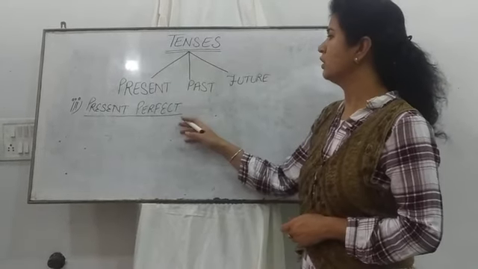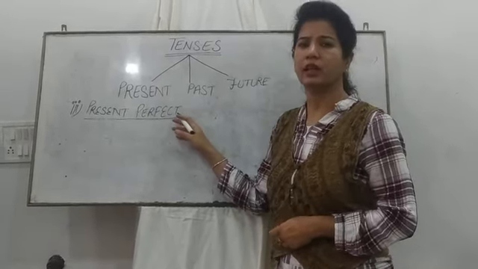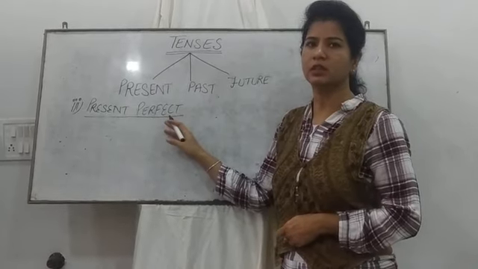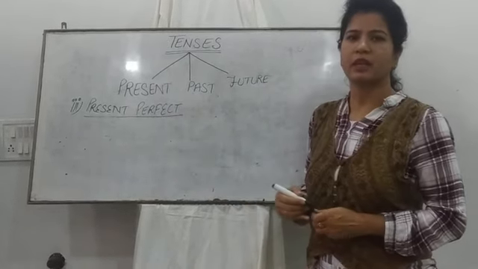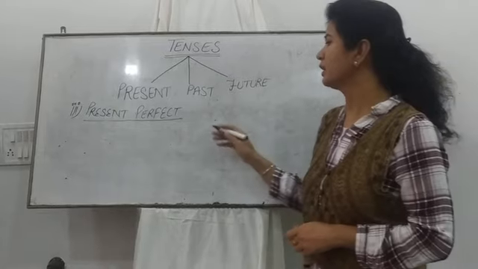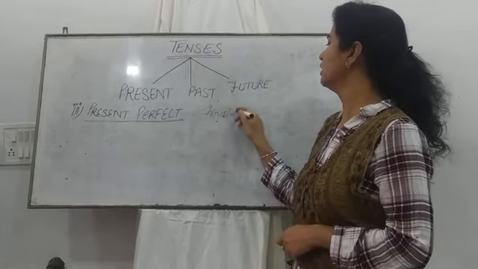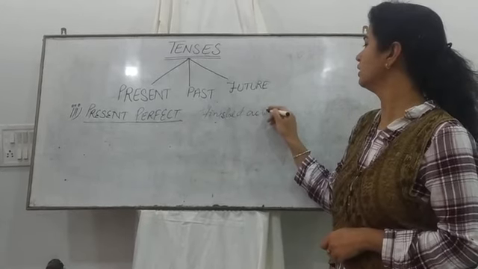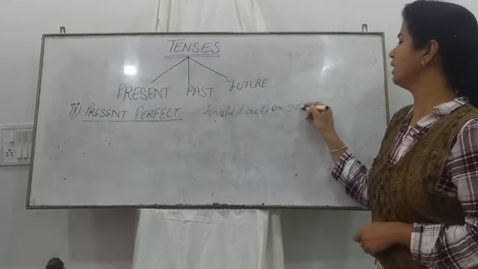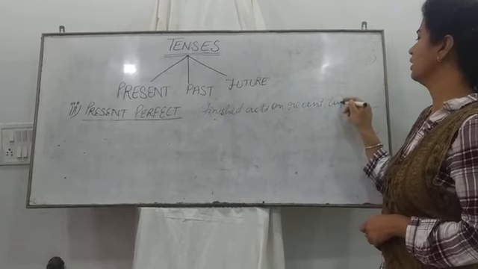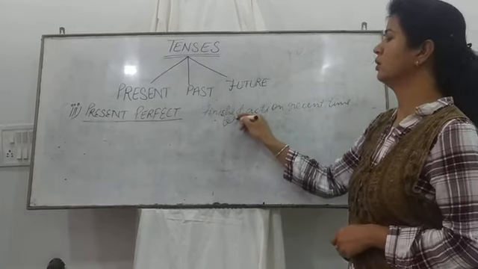And the third part of present tense is present perfect tense. Where do we use present perfect tense? We use present perfect tense for a finished action in recent time or present time.